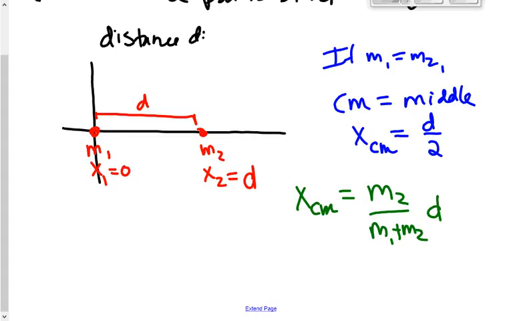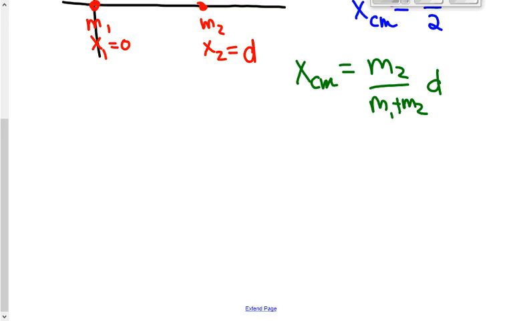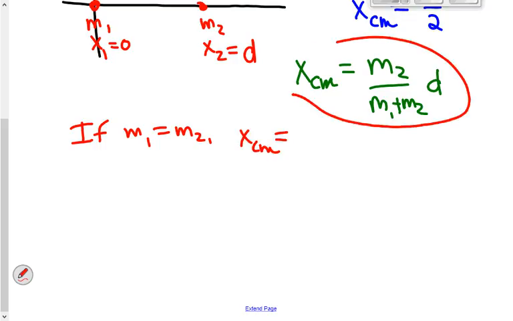And I can see if that definition makes sense. If m1 equals m2, then what am I going to get for xcm if I use this formula?